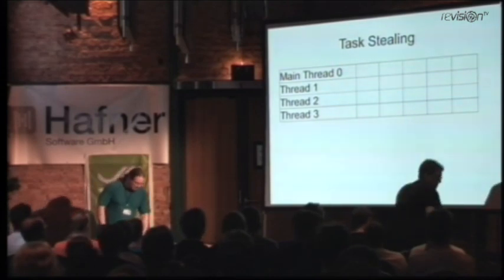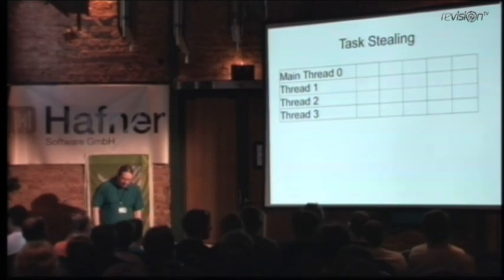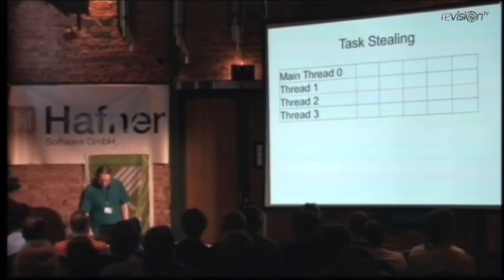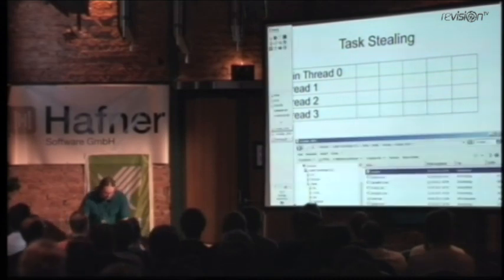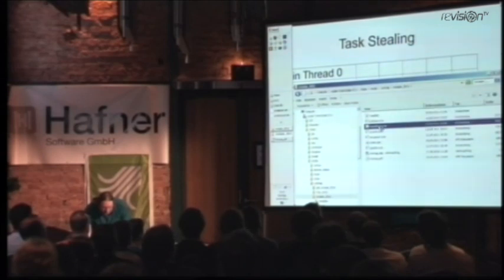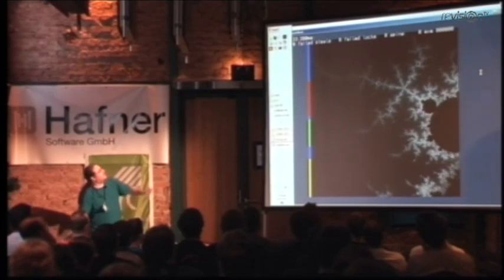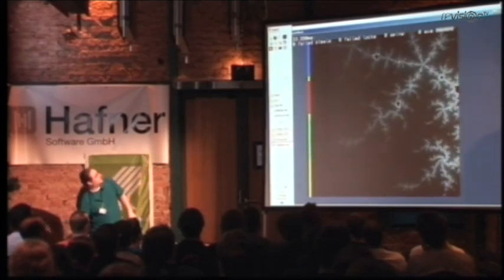So much for a task stealing engine that will actually work. I have a very simple example. Well, it doesn't look so good. Well, you can see the essential things.